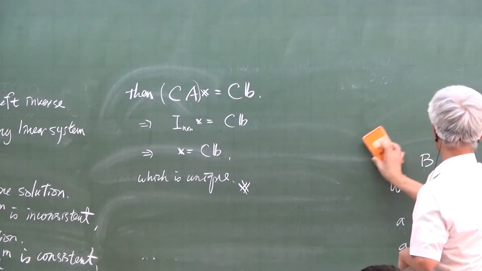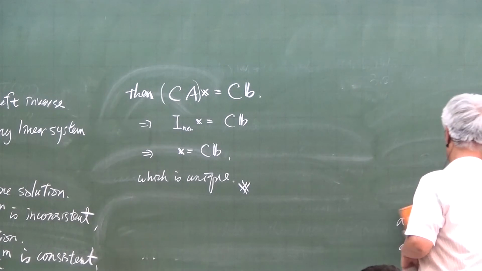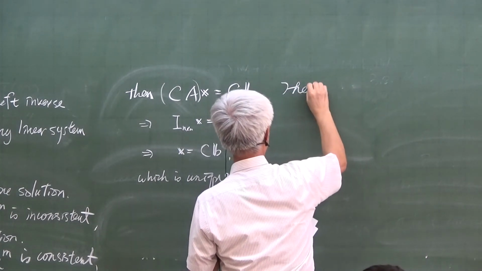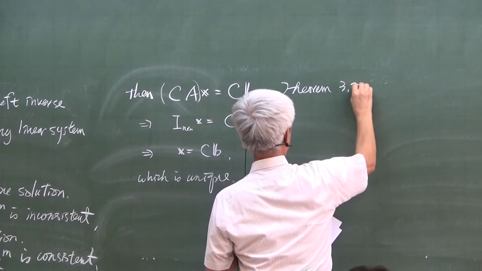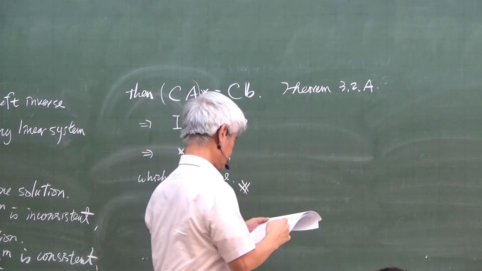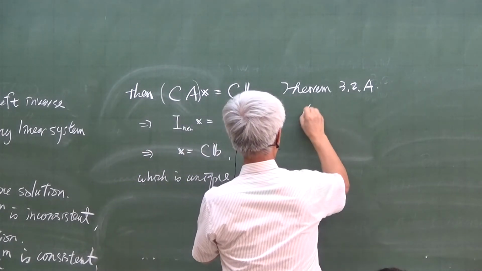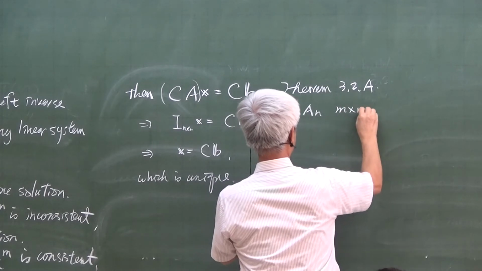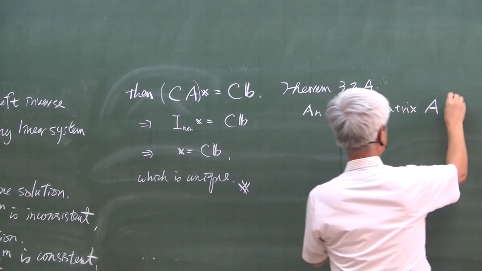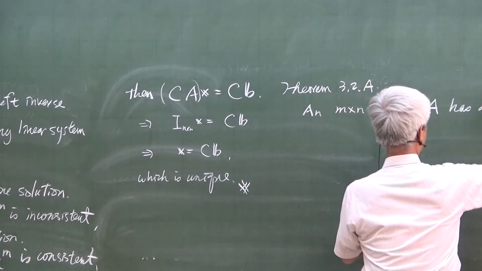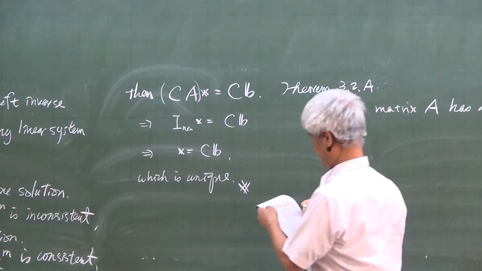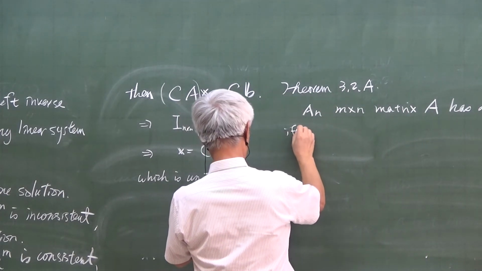Now the next supplementary theorem is more delicate, 3.2.8. An m times n matrix A has a left inverse.